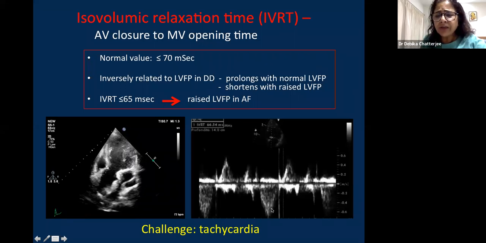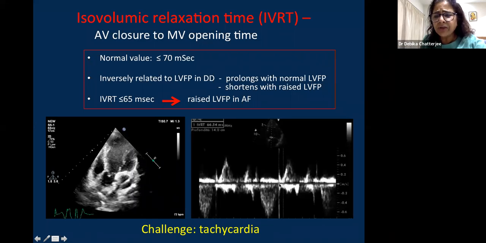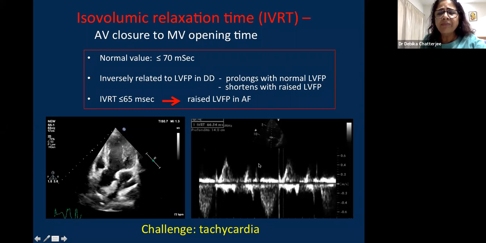Now we know that this is the end of the aortic forward flow. It starts from here, it ends here. But there is a gap before the mitral valve opens. So that is the time of isovolumic relaxation. You see, we measure this time, and in this case, IVRT is 66.54 milliseconds.